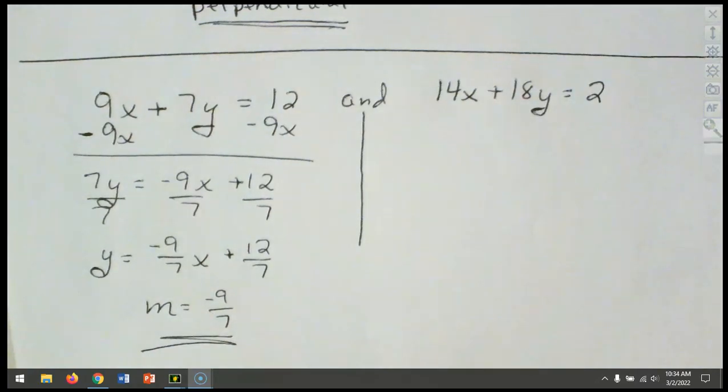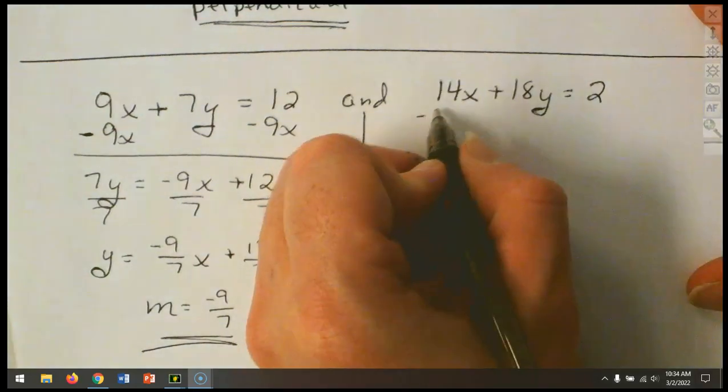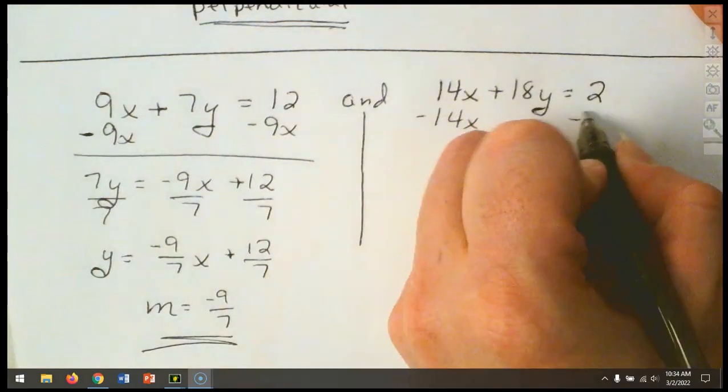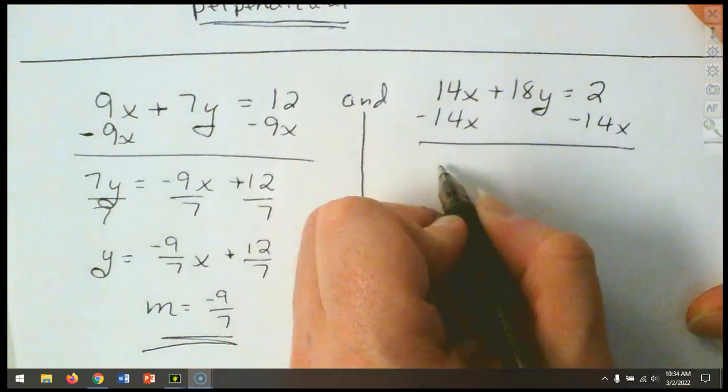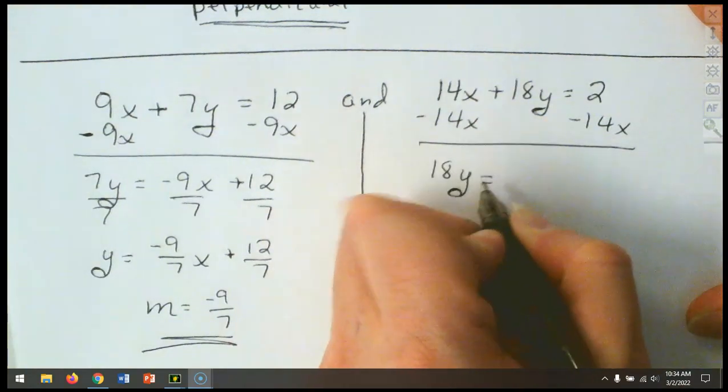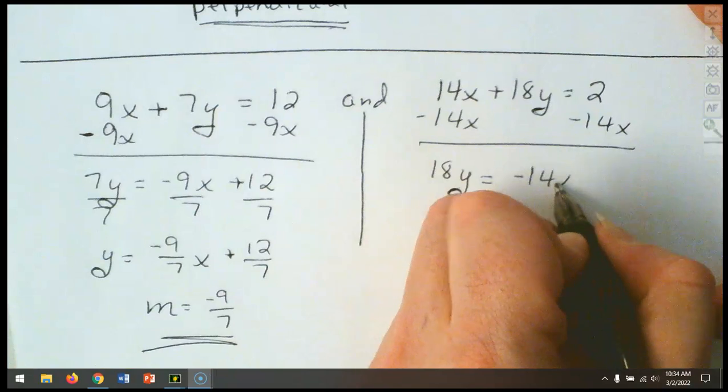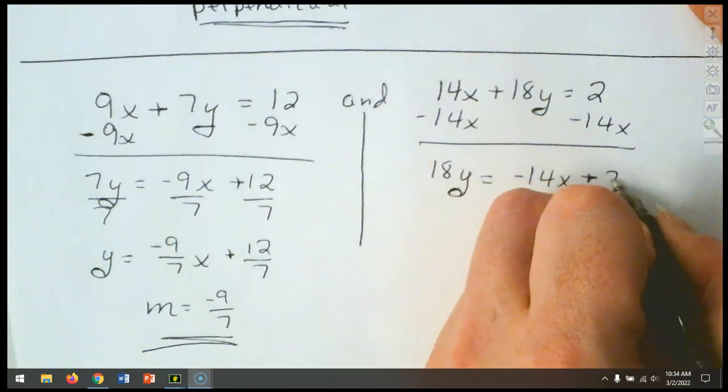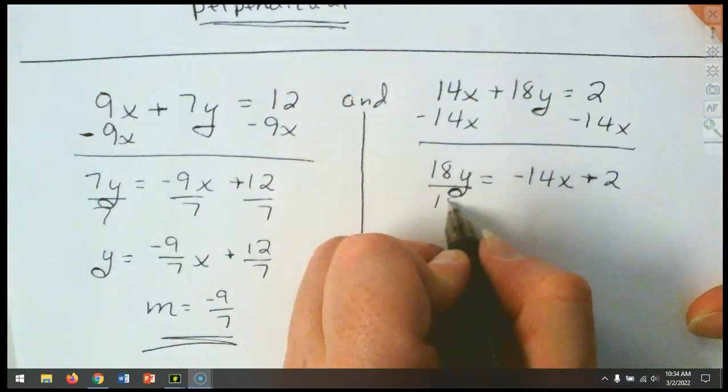Now the other one we've got to be very careful on. We're going to solve it the same way. And when we get our answer, we need to really think about how we compare these slopes. So move that 14x over. And 18y then equals minus 14x plus 2. Divide by your 18.